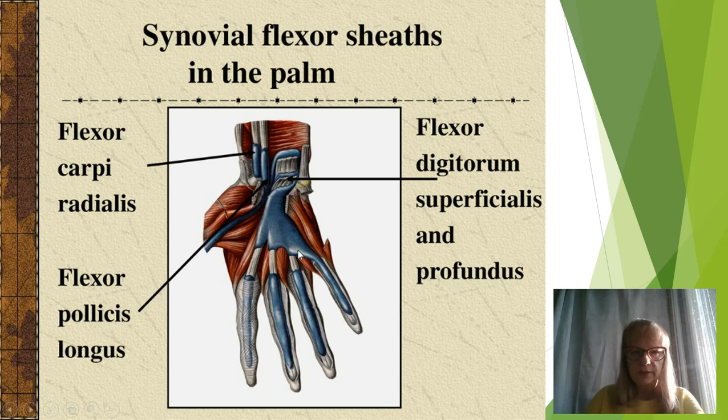Next, on the palmar surface, we have the common sheath for both flexor digitorum muscles, superficialis, you see above, and profundus. For those muscles, we have a common sheath. And you see this common sheath continues on the fifth finger.